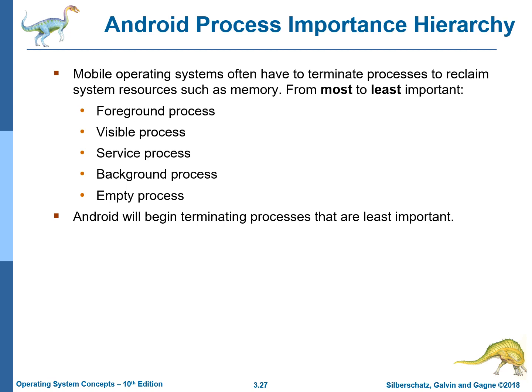Android process importance hierarchy. Mobile operating systems often have to terminate processes to reclaim system resources such as memory. From most to least important, foreground process, visible process, service process, background process, empty process. Android will begin terminating processes that are least important.